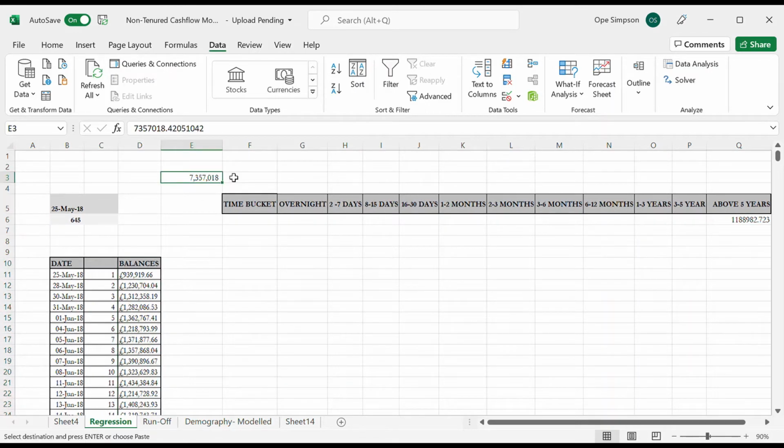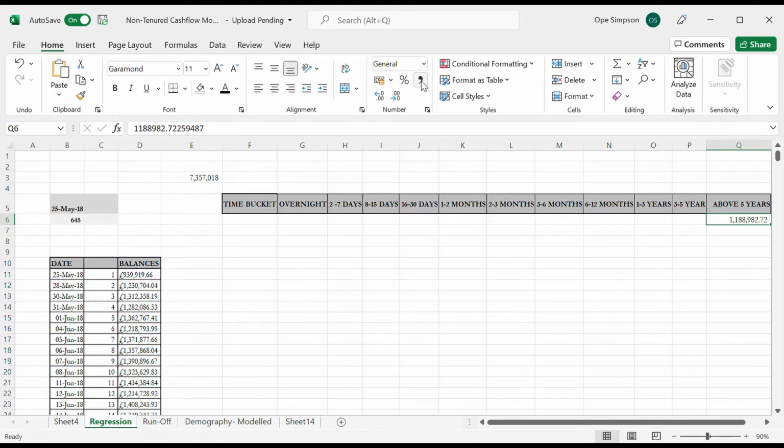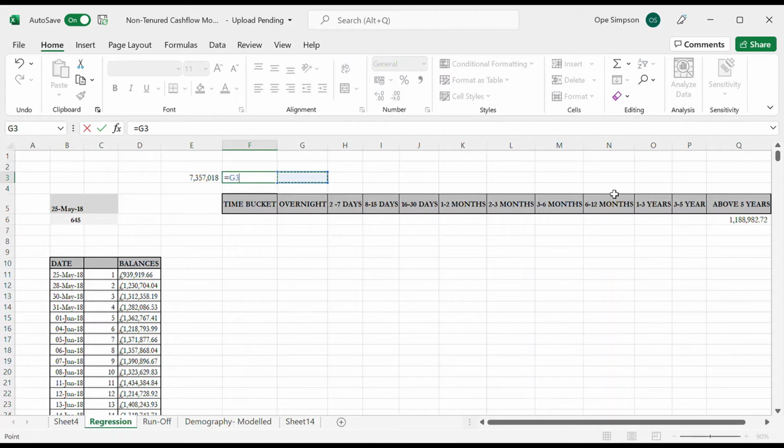So our last deposit was £7.357 million, and our core deposit is £1.189 million. Our core deposit is roughly 16% of our total deposits as at the 31st of December 2020.